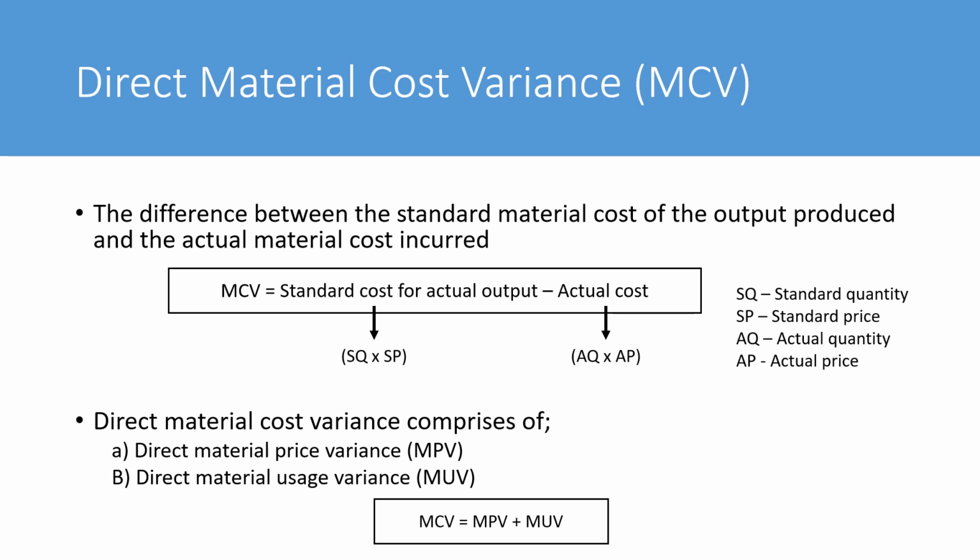The direct material cost variance comprises the direct material price variance and the direct material usage variance, so the formula is material cost variance equals material price variance plus material usage variance.